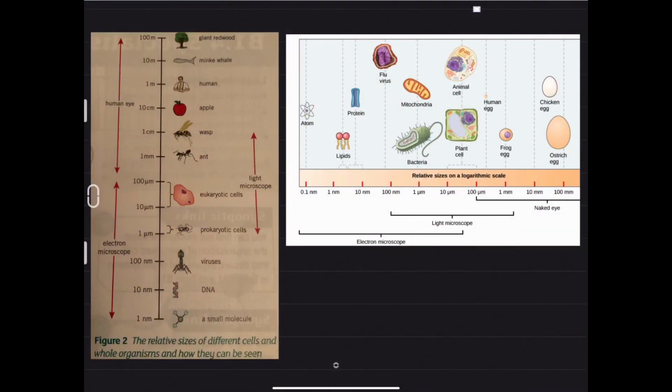Now, if we were to compare eukaryotic cells to prokaryotic cells and even make a more general comparison to cellular organelles or larger structures such as whole organisms, we can do it on a scale which is known as a logarithmic scale.